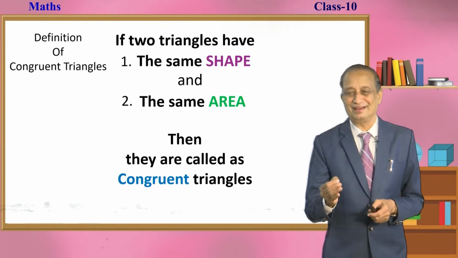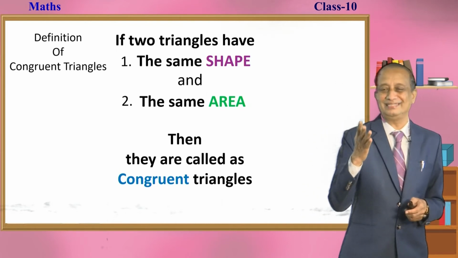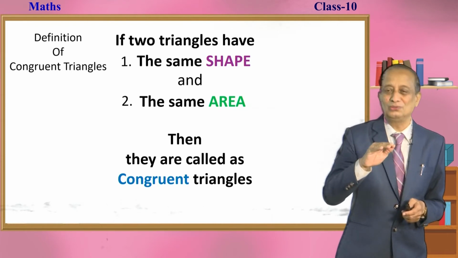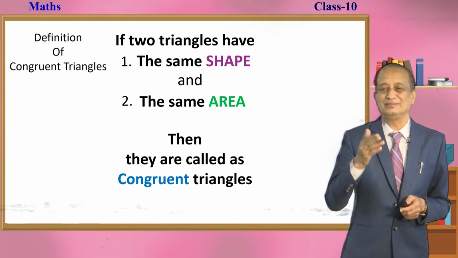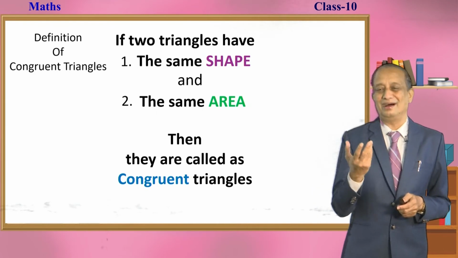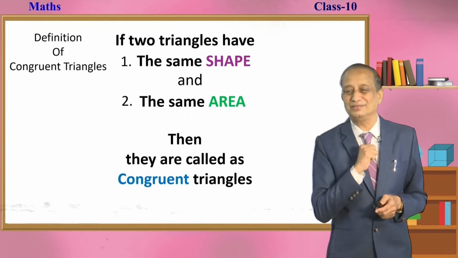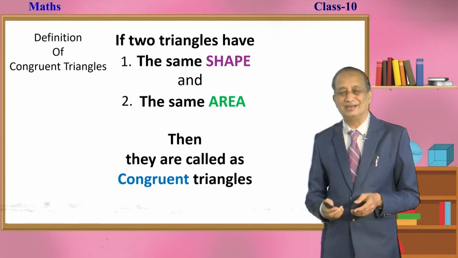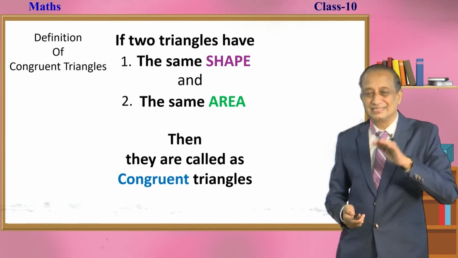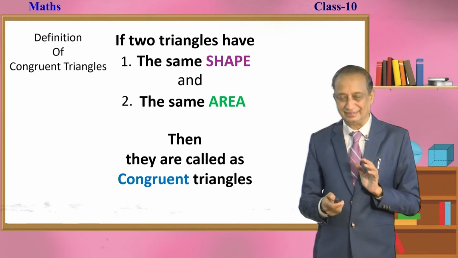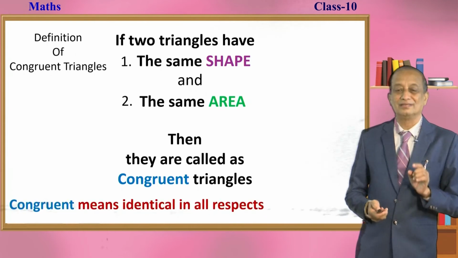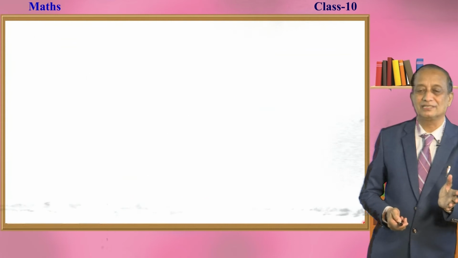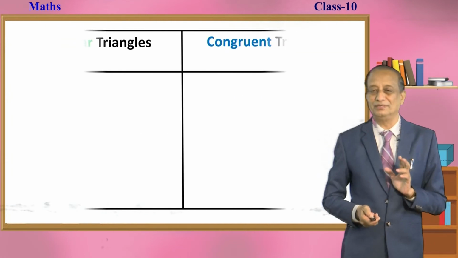Children, in Kannada we call it so nicely, children, it is called sarva sama. In Kannada: if they are equal in all respects, the area is the same and the shape is the same, then we call them sarva sama tribhujagalu, congruent triangles, children. Okay? Yes, congruent means identical in all respects. That is the meaning of the word congruent.